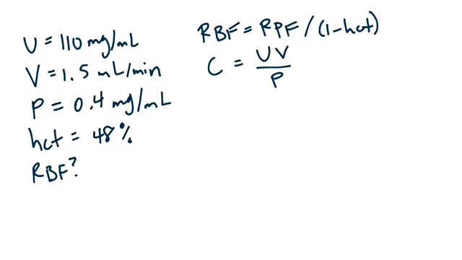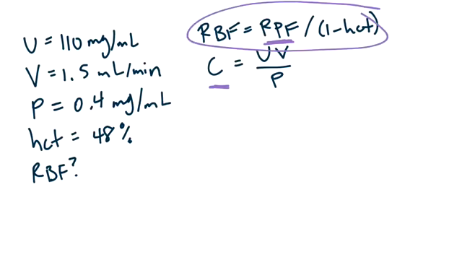We also need to remember that the clearance of PAH approximates renal plasma flow. Once we determine the clearance of PAH, we can plug this number in, which represents renal plasma flow, into the equation renal blood flow equals renal plasma flow over 1 minus hematocrit, and solve for renal blood flow.